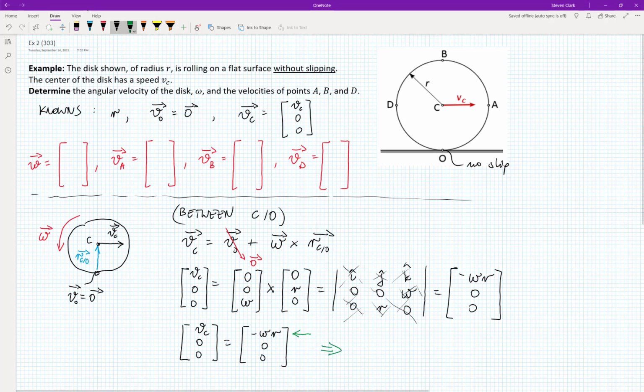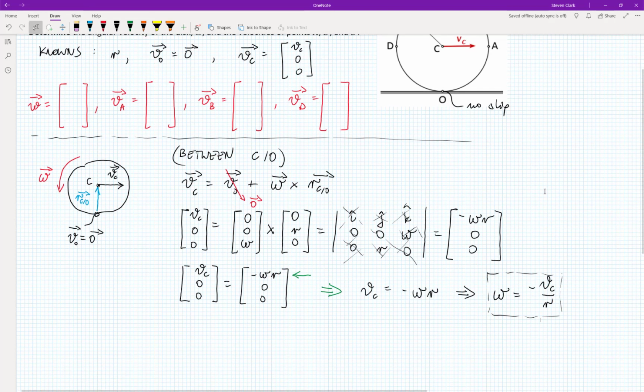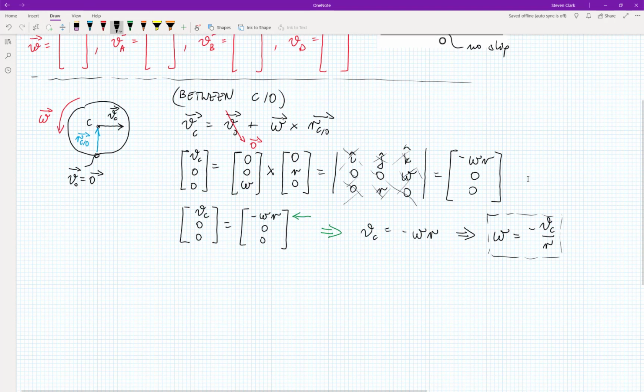So in here we can write that our VC is equal to minus omega R, which implies that our omega is equal to minus VC over R. And again, if you want, you can write it vector-wise.